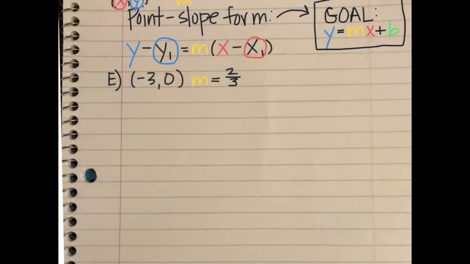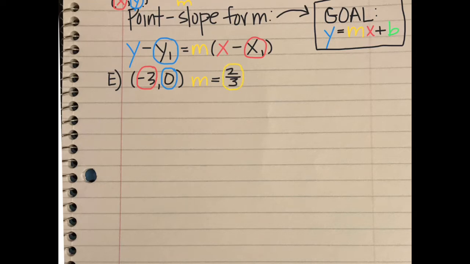Okay, this is letter E. This is the first one. And what I've got for letter E are three things that I need. I have an x value, I have a y value, and I have a slope. And if I have those three things, I can use point slope form.